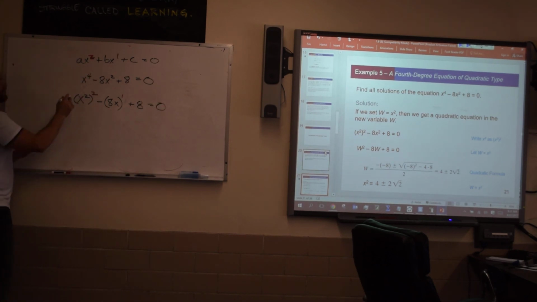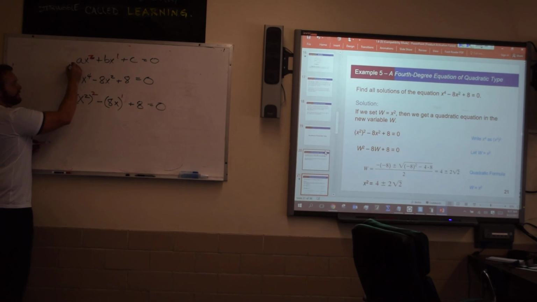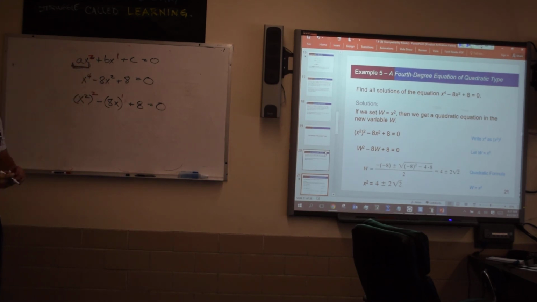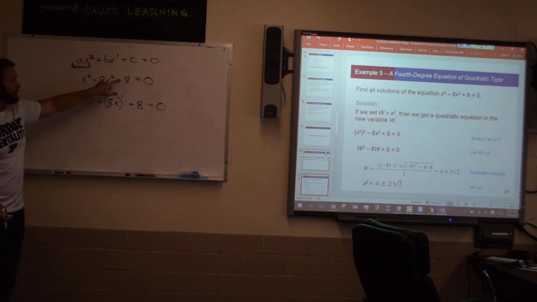Okay? And hopefully you realize then what I've done is normally that variable right there and its coefficient is really a times x to the first power squared, right? Now I'm just rewriting it as a times x squared squared. But that power there and that power there are consistent. They're both squared. Same idea here, that power and that power are consistent.